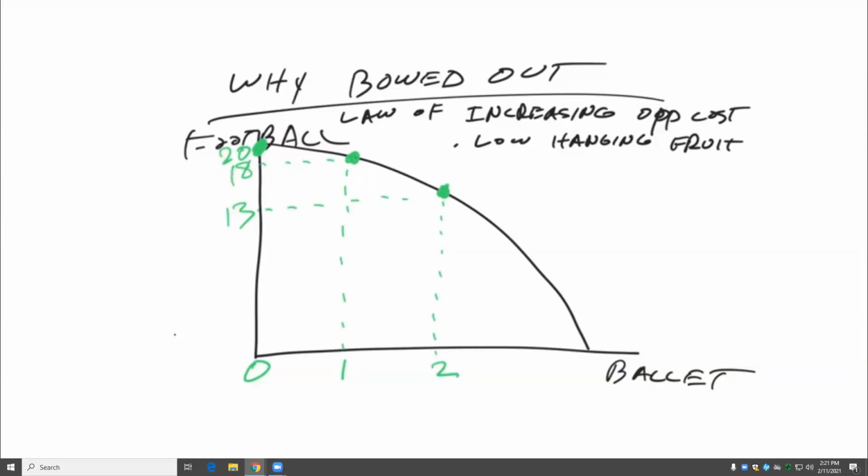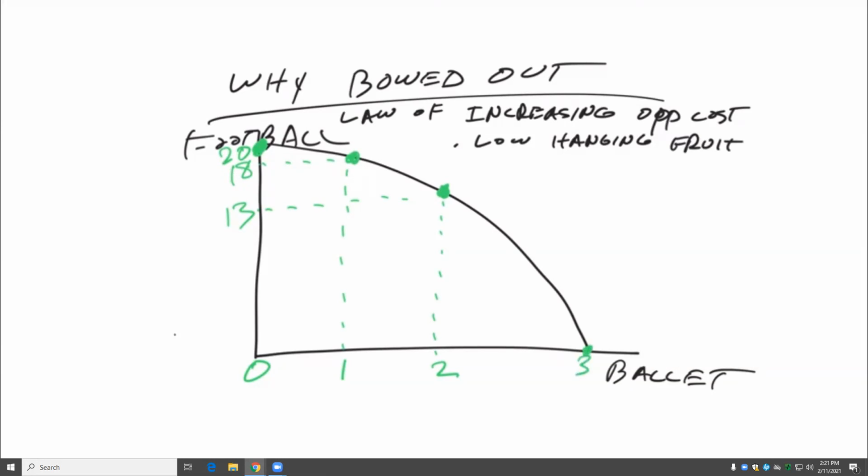Okay. Now, we are so excited. Our society is just doing great. So we decided, you know what? We're going to go all ballet. We're done with football. We're going to do ballet from now on. Nothing but ballet. So we're going with that third ballet right there.